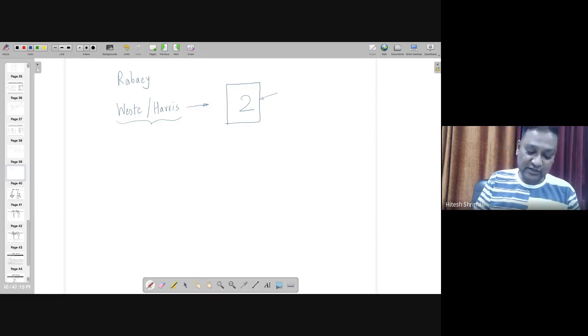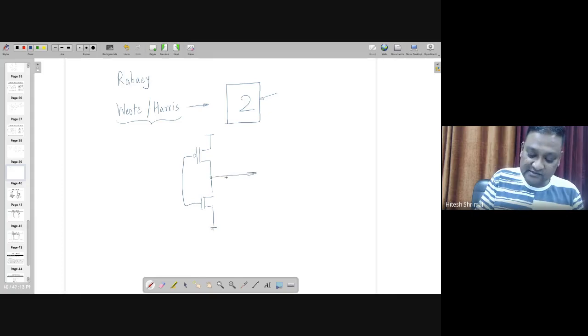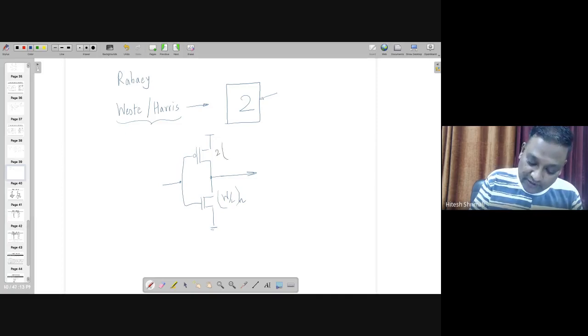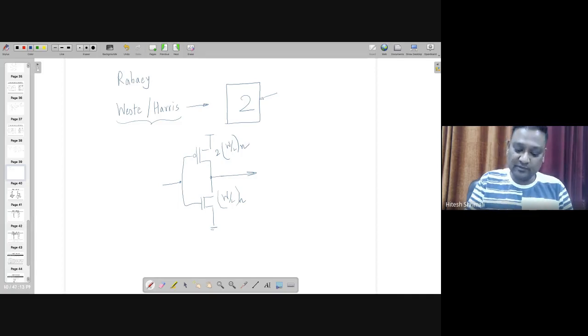So if I want to achieve equal resistances, if this is W by L, I am going to keep 2 times W by L of NMOS. So the W by L of PMOS, I am going to multiply by 2 so that the switching threshold and subsequently rise time and fall time will be equal.